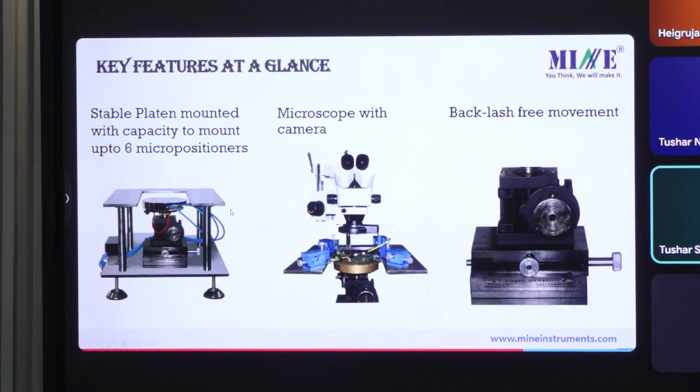Here you can see the U-shaped platens. We can do this as per user needs. The surface planarity of the platen is around 10 micrometers or less, so that we can put our micro positioners on the platens.